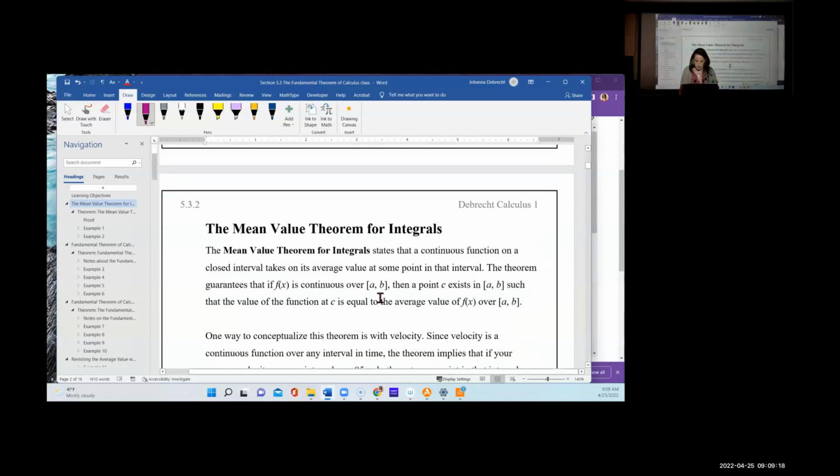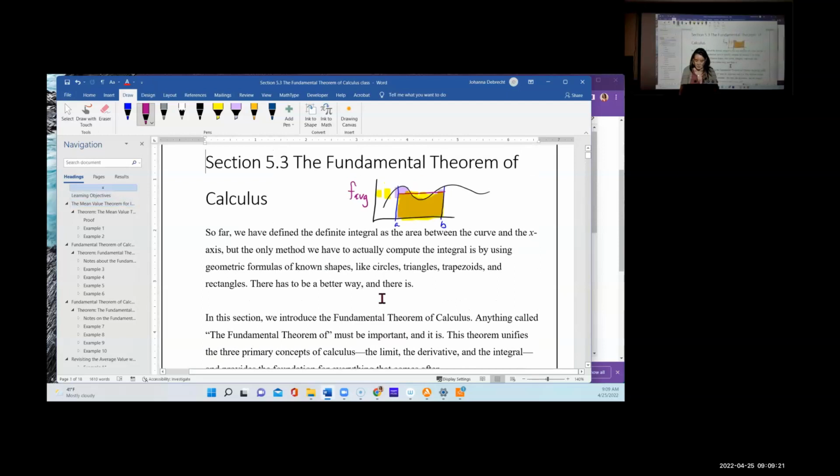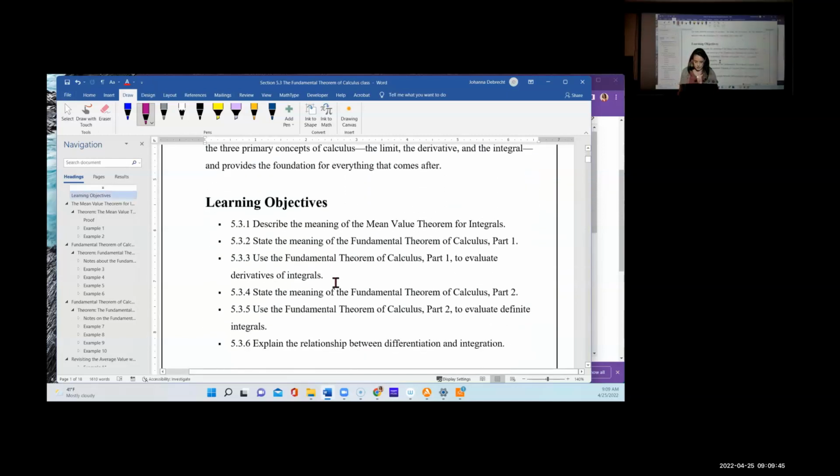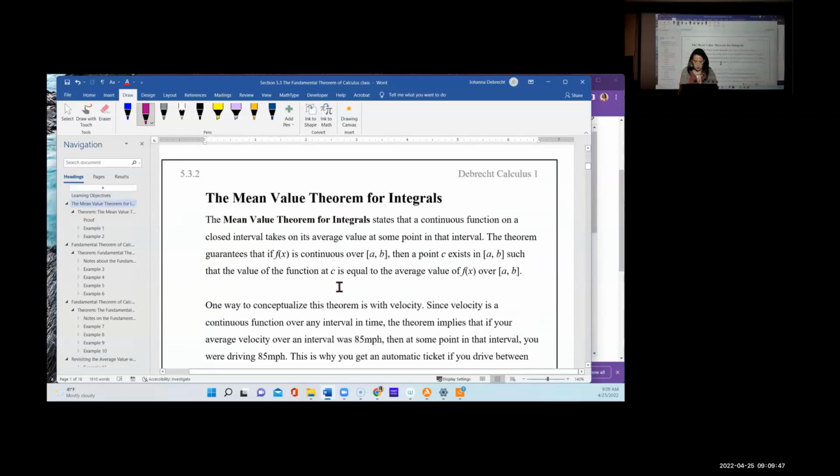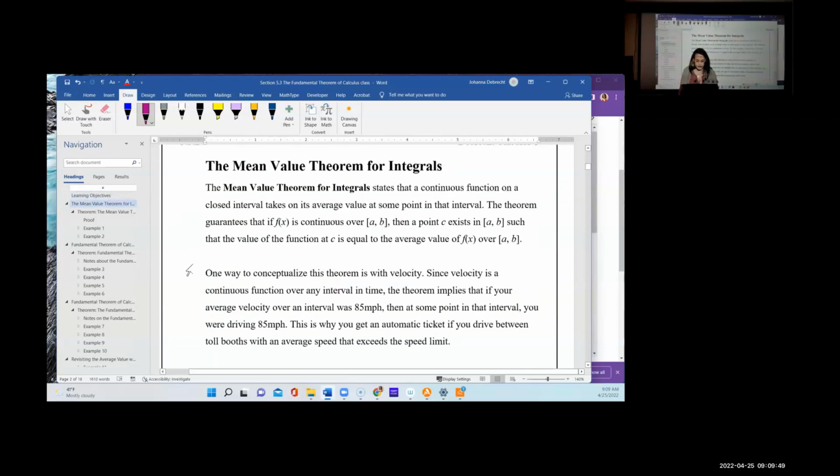And if we look back up here at our picture, you can see that in fact that does have to happen. It happens twice in the picture that I drew. There are two places in the picture where the y value on the curve is equal to that average height that gives the rectangle with the same amount of area. So that's what the mean value theorem for integrals states. The mean value theorem is different. It's related.